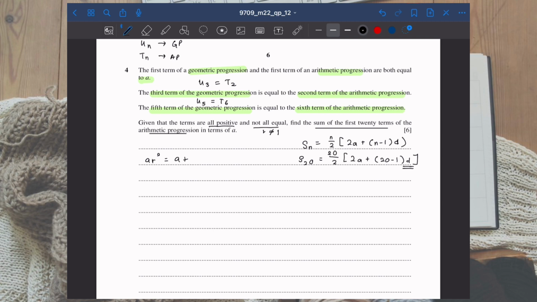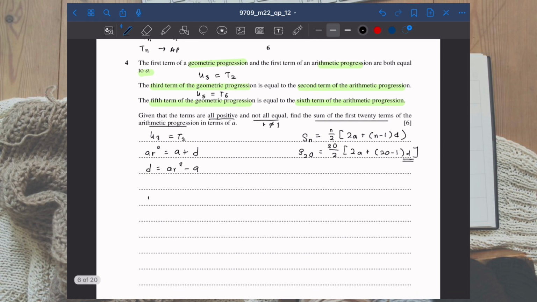So 2 minus 1 will be 1. So this is a plus d. Our difference will be ar squared minus a.